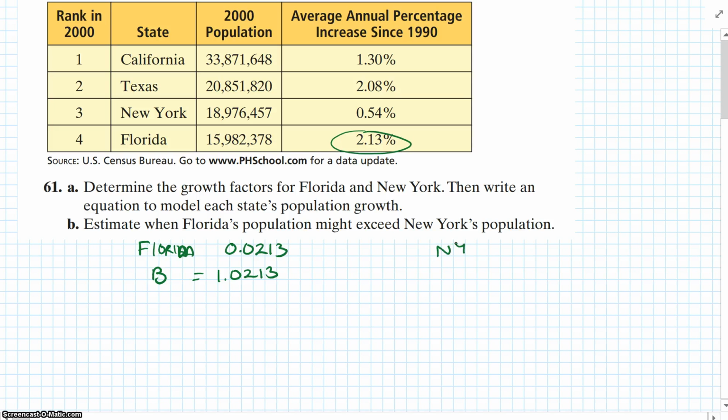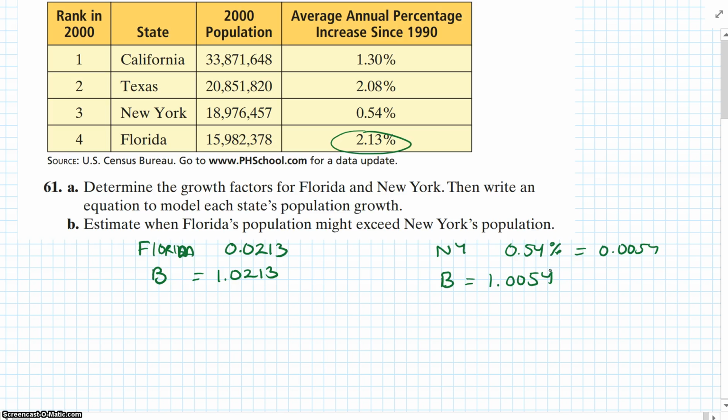Okay, for New York, the growth is 0.54%, which would be 0.0054. So the B value for New York would be 1.0054.